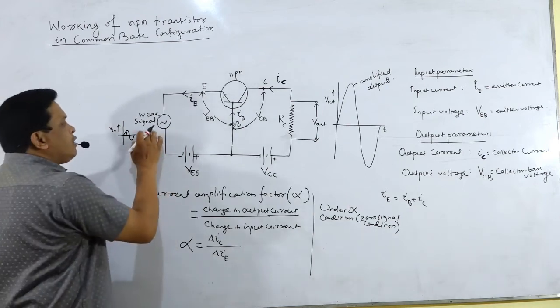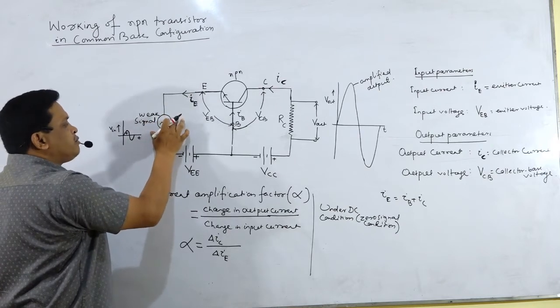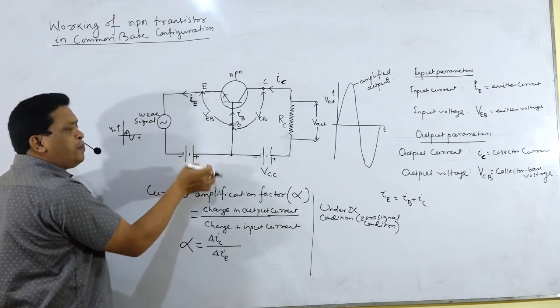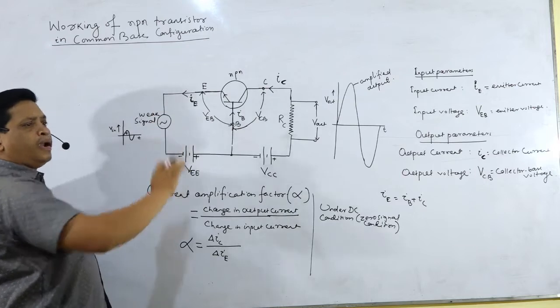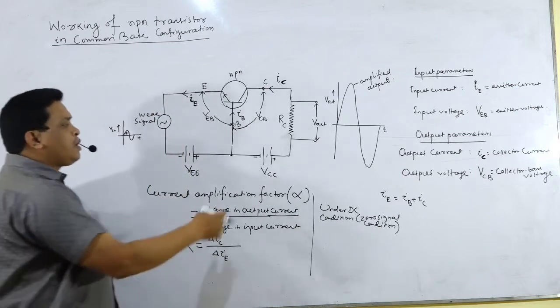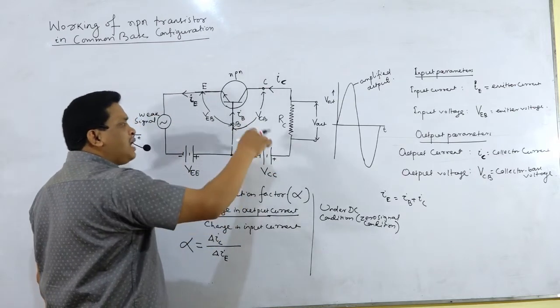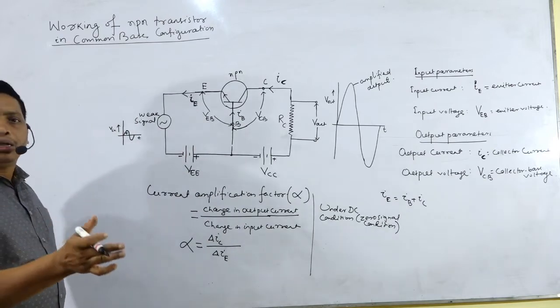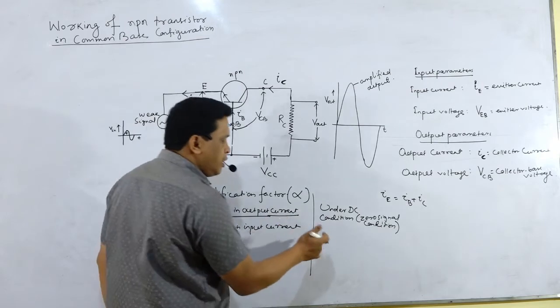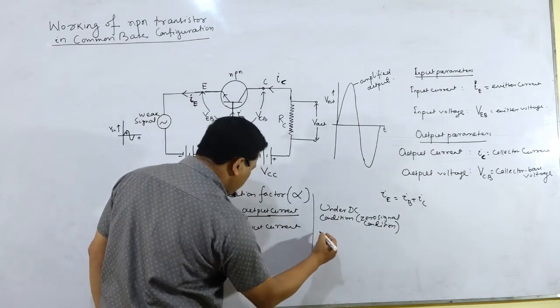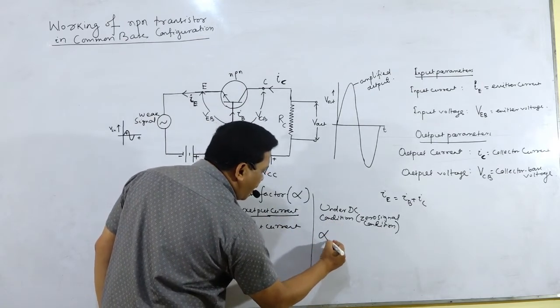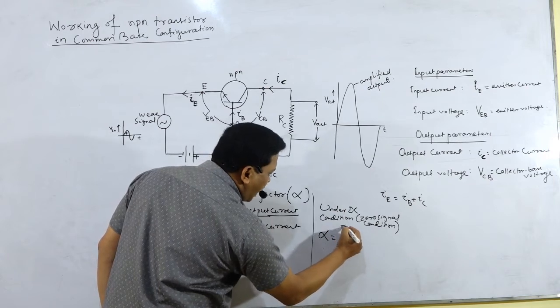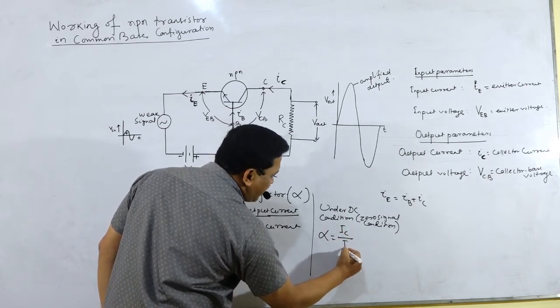So even when the signal becomes zero, because of the input battery there is input current, and because of the output battery there is output current, even when the signal is not there. That is called DC condition. So under DC condition we write alpha equal to IC by IE.